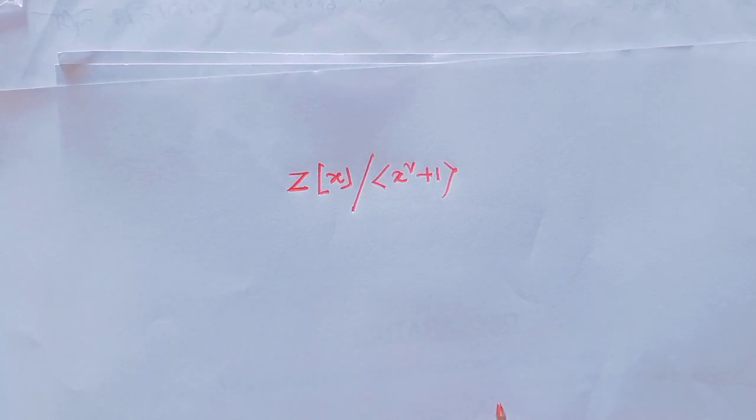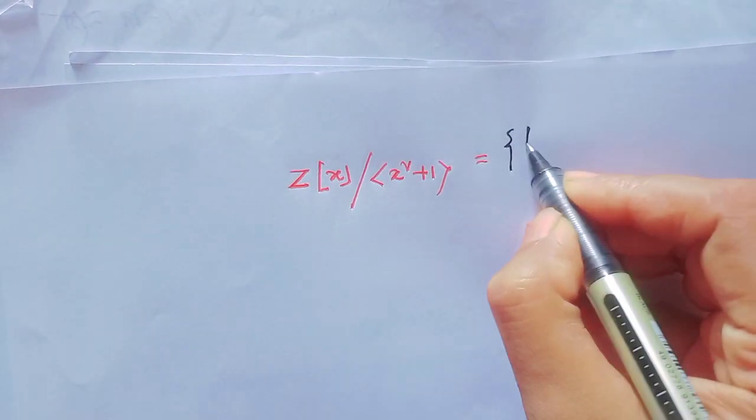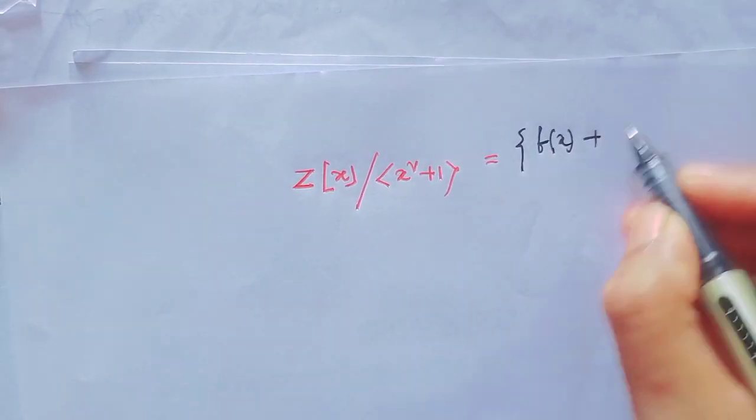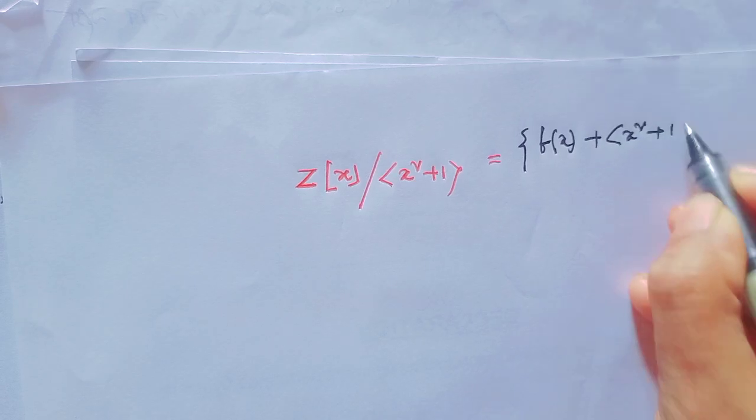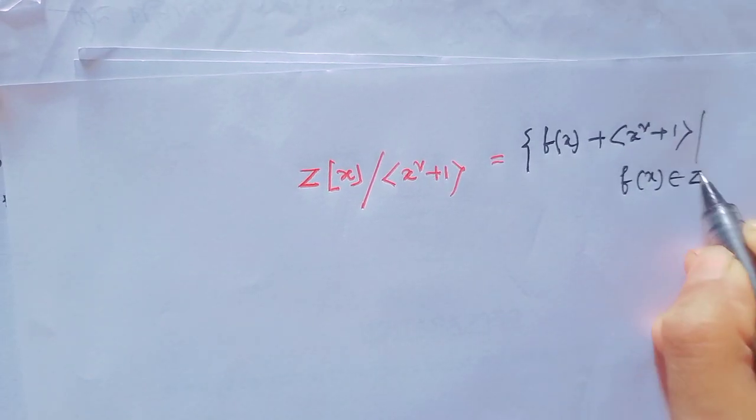Z[x] modulo the ideal generated by x square plus 1: we can write its elements as f(x) plus the ideal generated by x square plus 1, where f(x) belongs to Z[x].